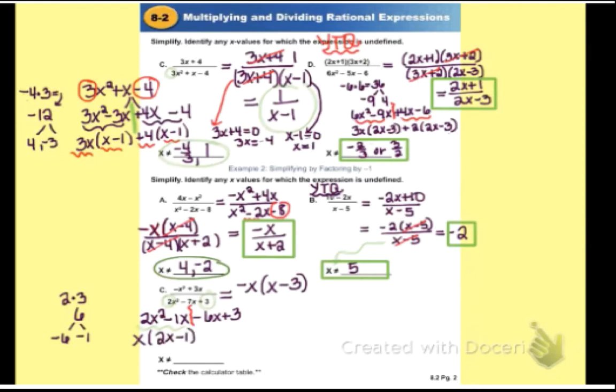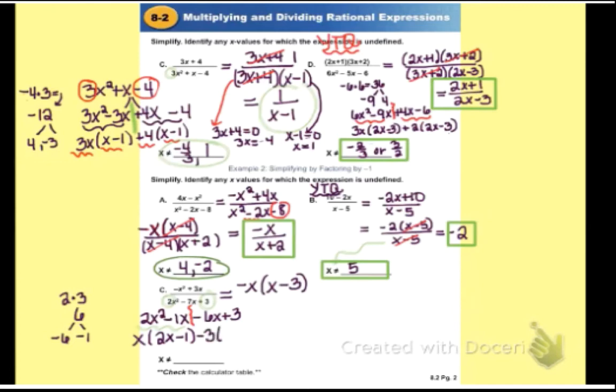Then when I look at the negative 6x plus 3, I see that the leading term of that grouping is negative. So I'm not only thinking about what I can take out of 6 and 3, but I also want to take a negative out. The greatest common factor of 6x and 3 would be 3, so I'm going to take a negative 3 out.